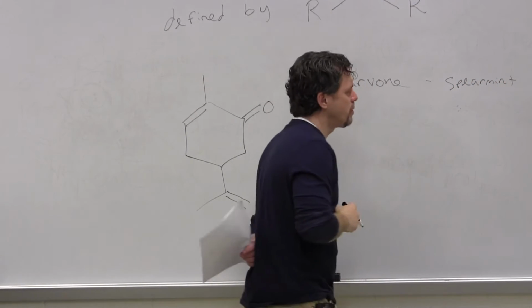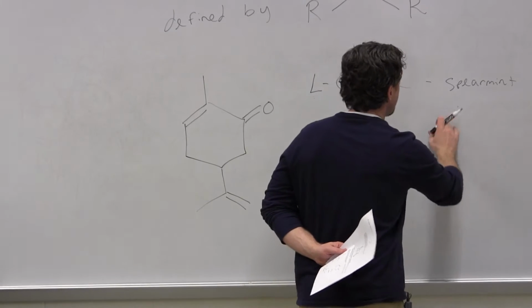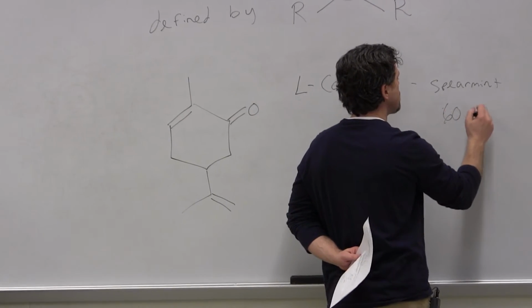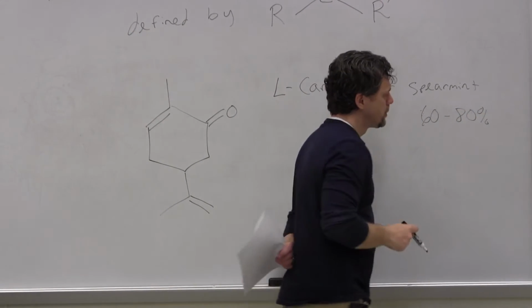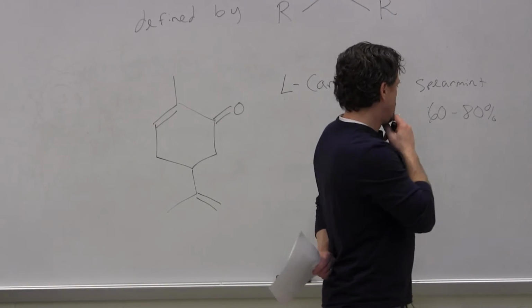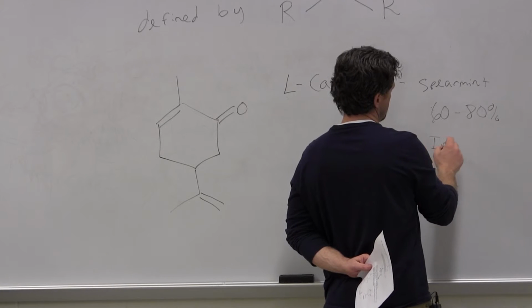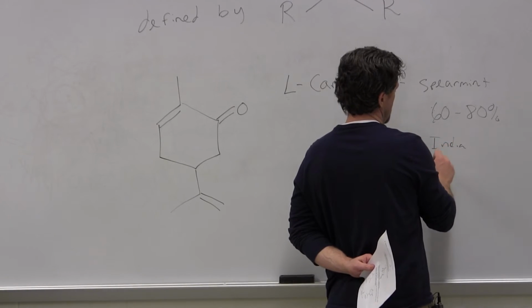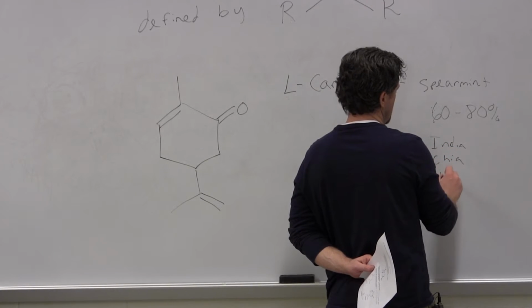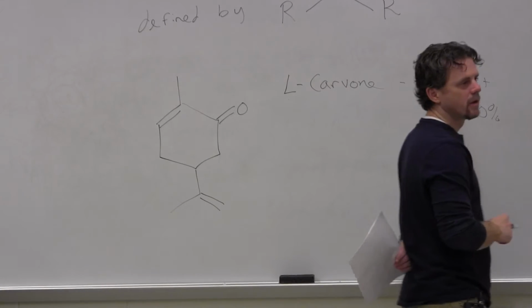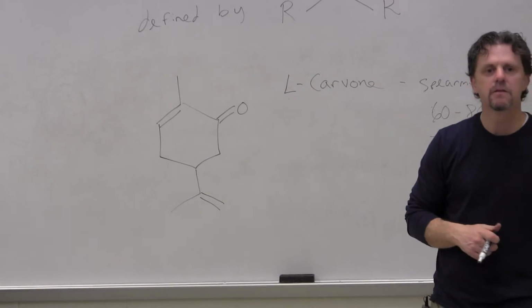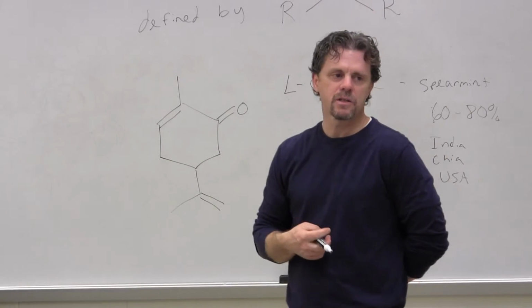And it's in spearmint at anywhere from 60 to 80%. Countries of origin would be things like India, China, USA. USA is also big in spearmint. Both, again, Midwest, out west in Washington, Oregon.